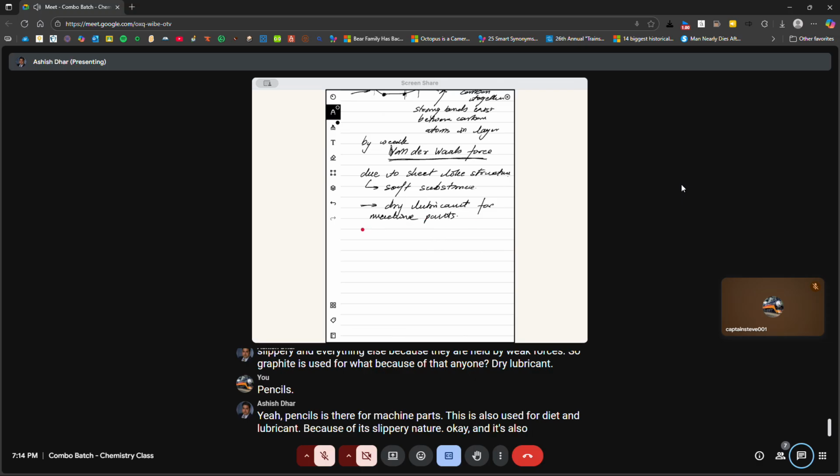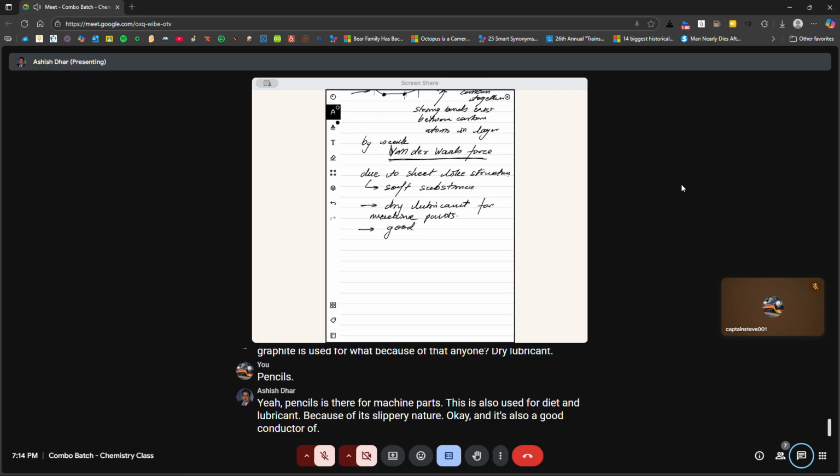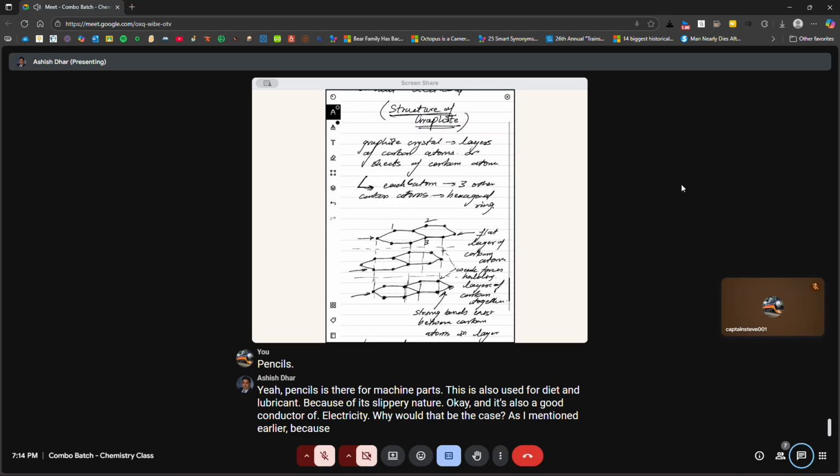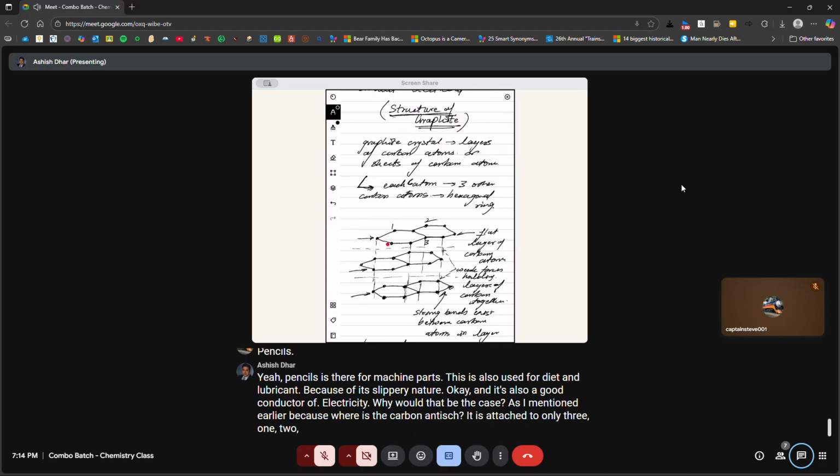Okay. And it's also a good conductor of electricity. Why would that be the case? As I mentioned earlier, where is the carbon atom attached? It is attached to only three: one, two, and three. One, two, three. One, two, three.